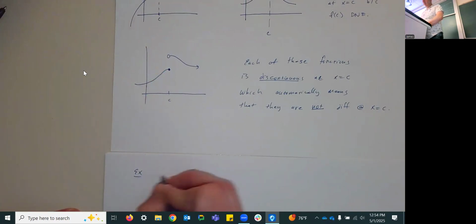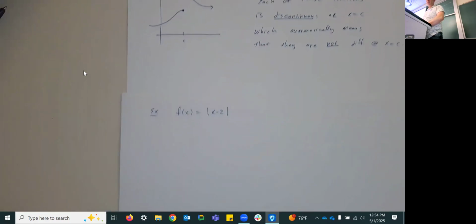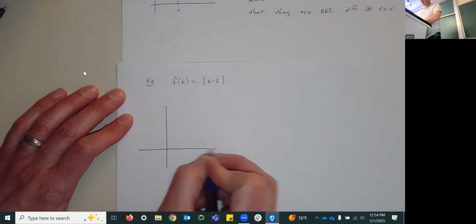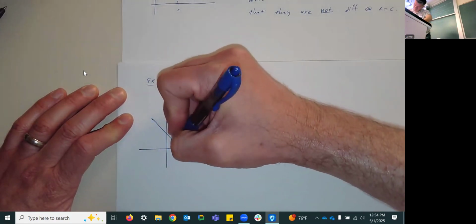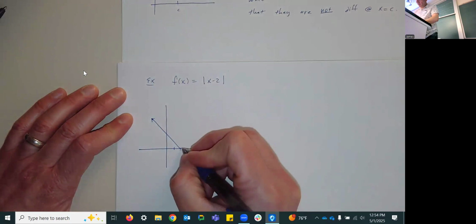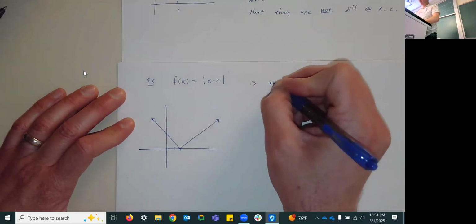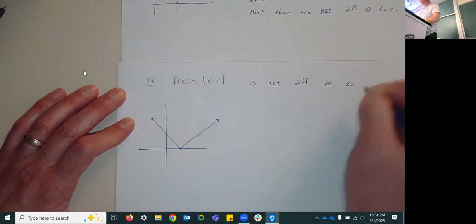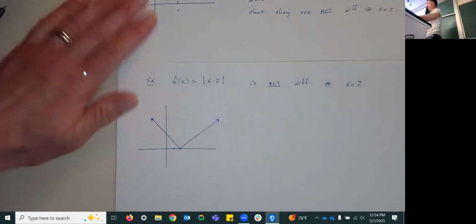So f of x equal to the absolute value of x minus 2, which is just your usual absolute value function shifted 2 to the right. This function for sure is not differentiable at x equal to 2.